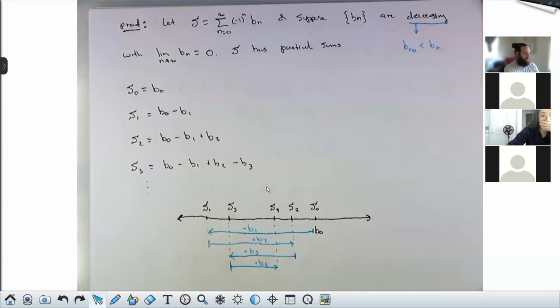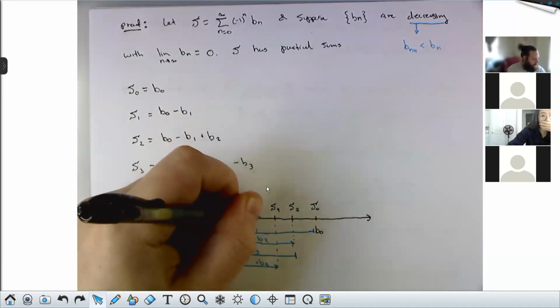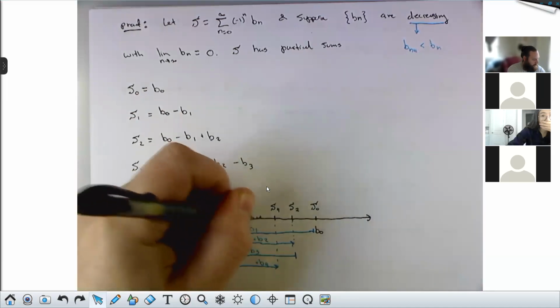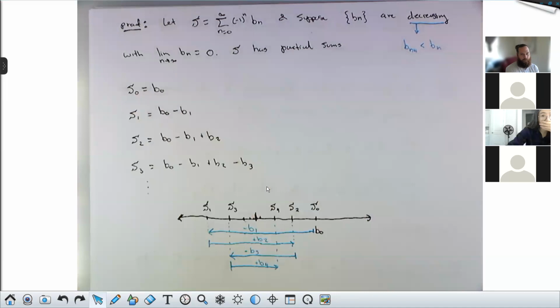So what's happening? We go S0, S1, S2, S3, S4. We're moving back and forth and we're coming in here. Like S5, S6, S7, S8, S9, S10. We're going to pile up on some point in here.